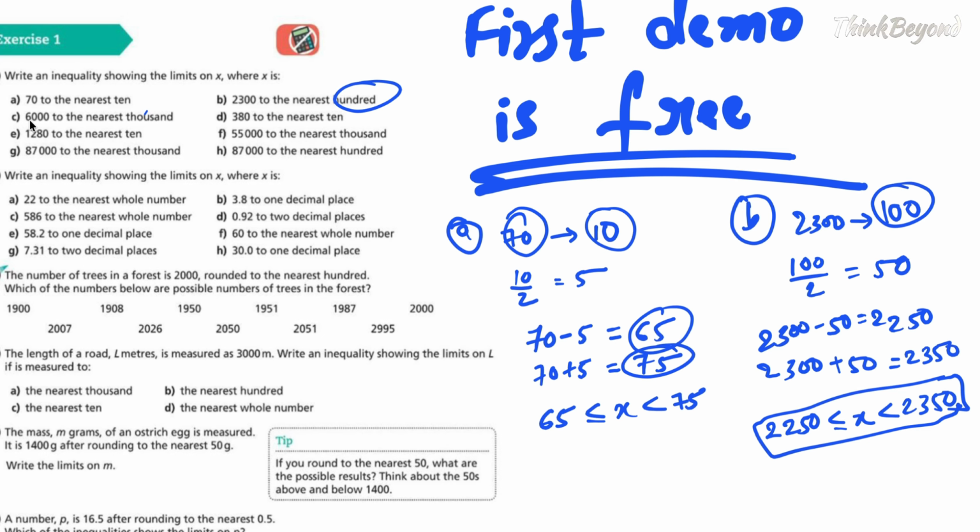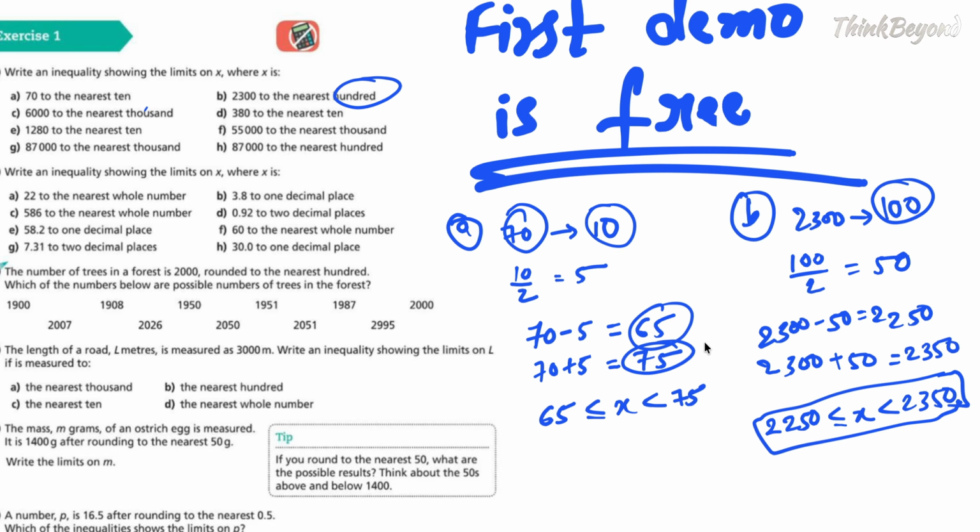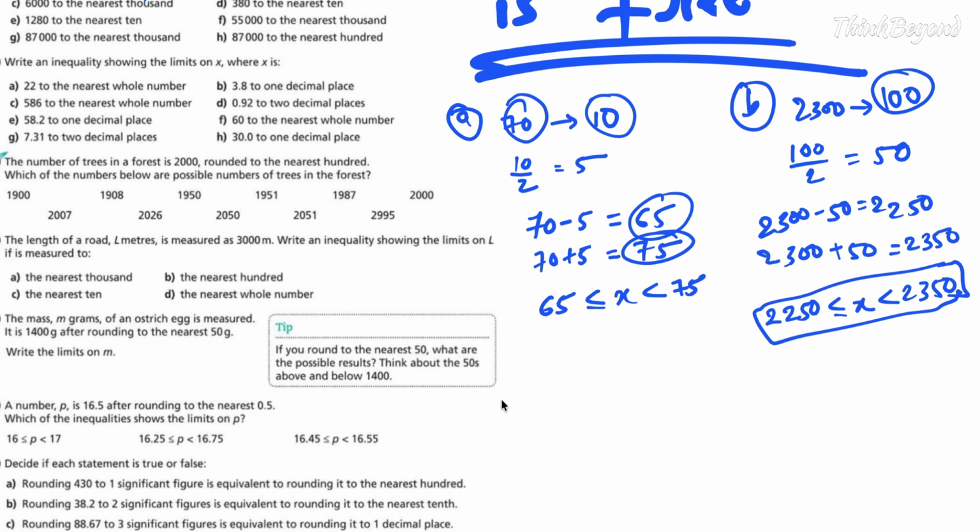Let's come to question number C. 6000 to the nearest 1000. Just do half of 1000, subtract and add, and you will get the inequality. So easy, right? Question C, 6000 to the nearest 1000. Half of 1000 is what? It's 500, right?